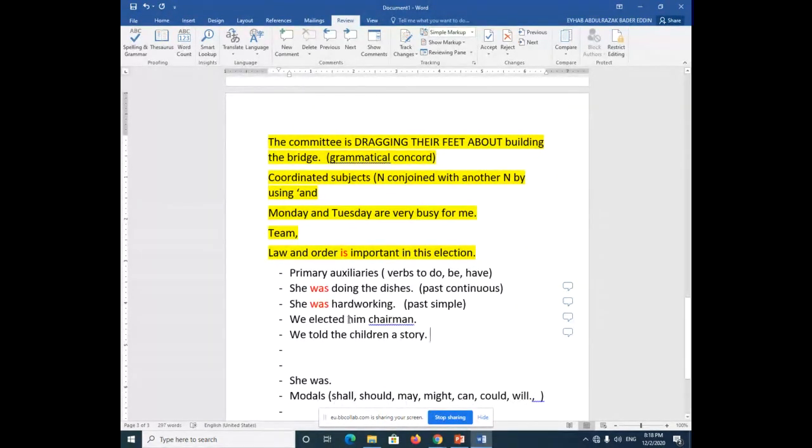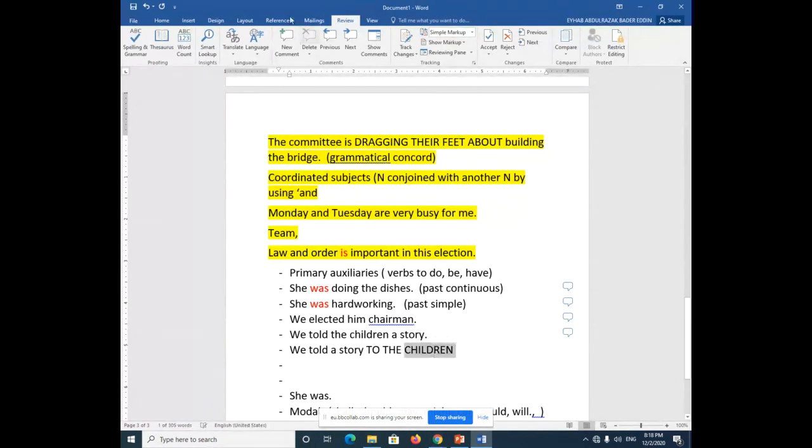Okay, and usually, انتبهوا معي, this is important. Usually the first or the indirect object is an animate object. So it is something human. Usually it is human. And if you want to start with a story, we told a story to the children.